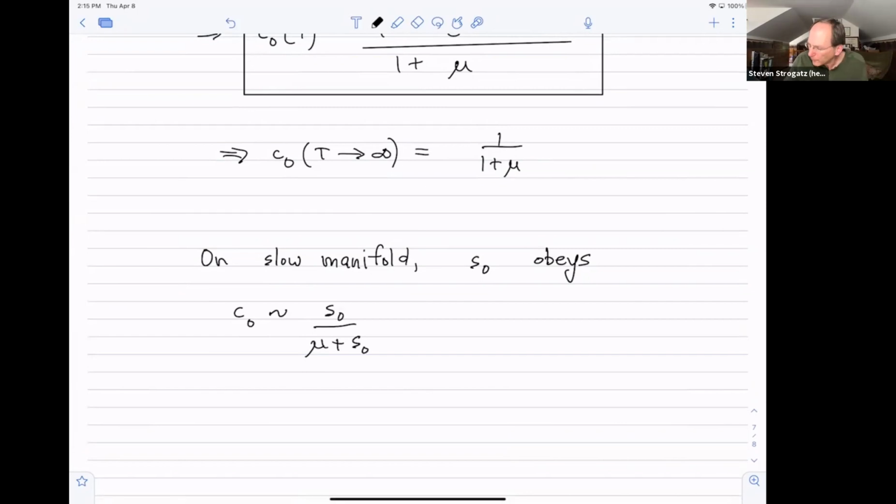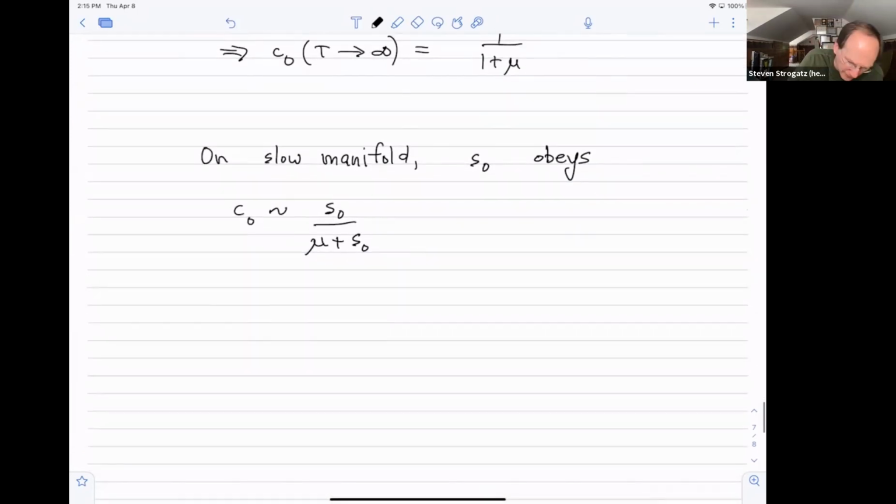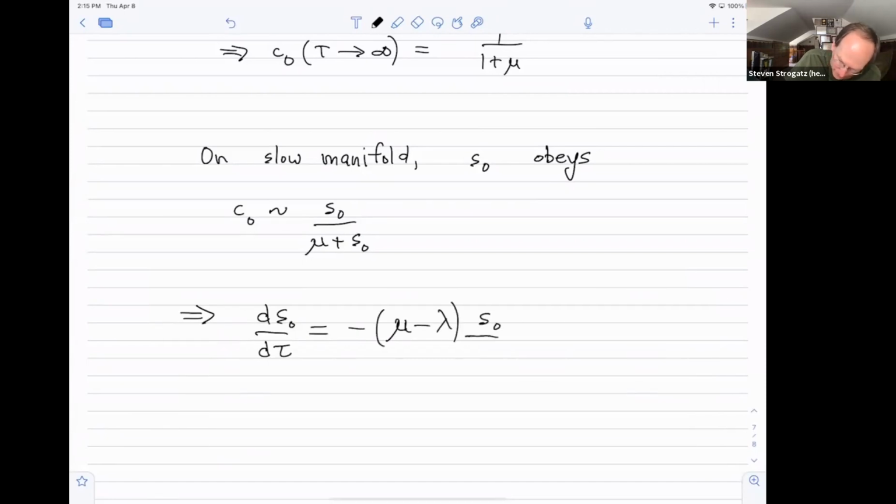And so you can take that relationship and plug it in to eliminate the C from the S0 equation, and you'll get dS0 over d the original time tau is minus, I'm skipping a lot of algebra, but it comes out to be minus (mu minus lambda) S0 over (mu plus S0).